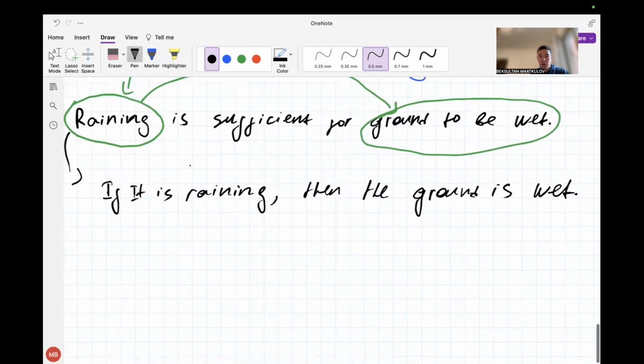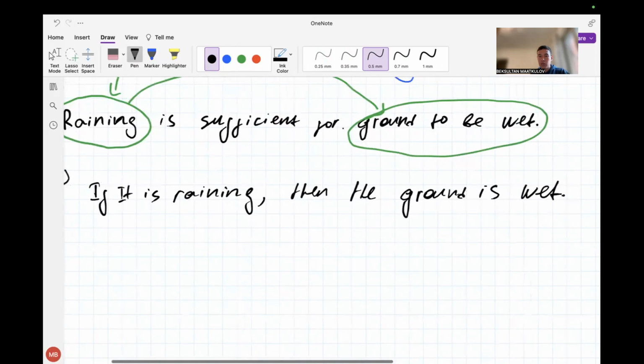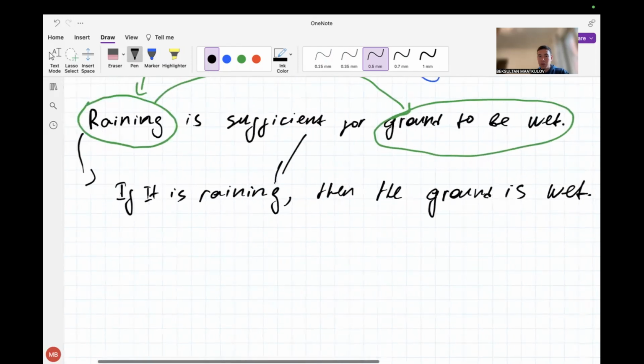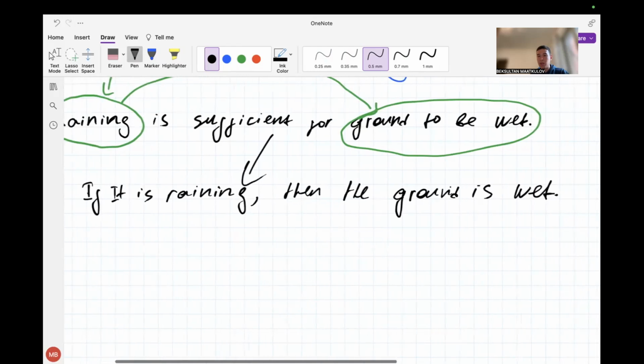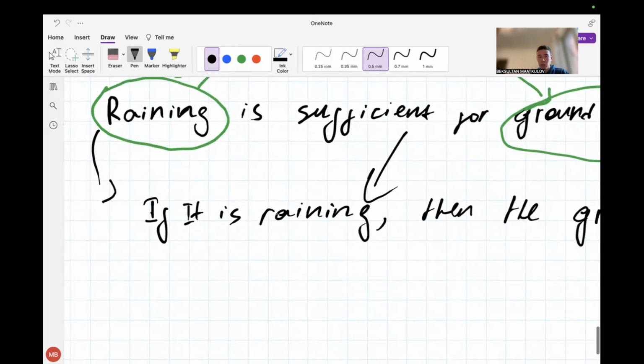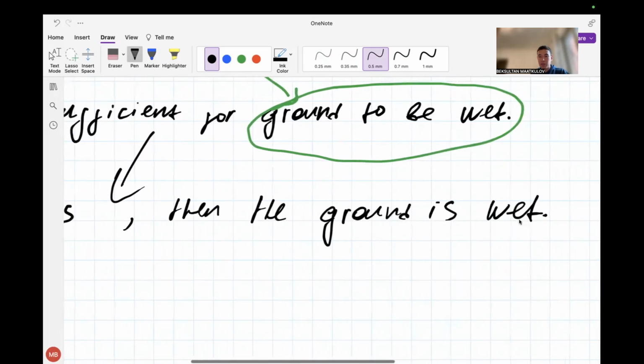Okay, raining is sufficient condition for the ground to be wet. This is the same as if it rains, then the ground is wet. Let me write if it rains, it's better. Yes, it's more correct. If it rains, then the ground is wet.